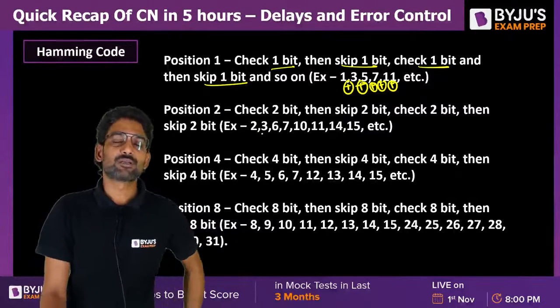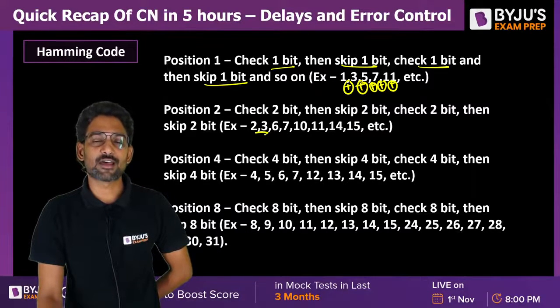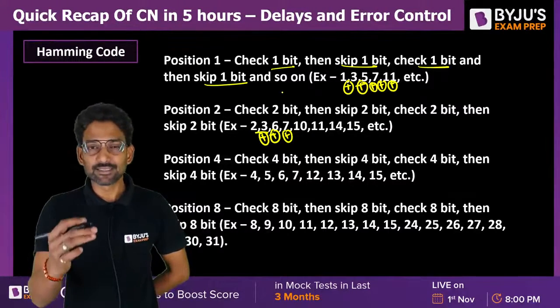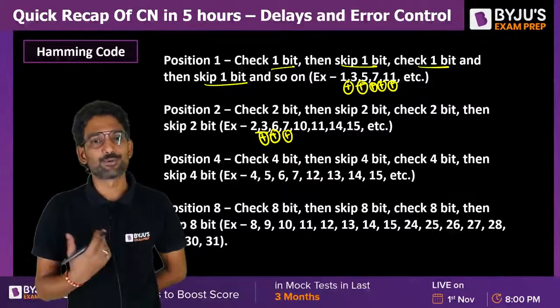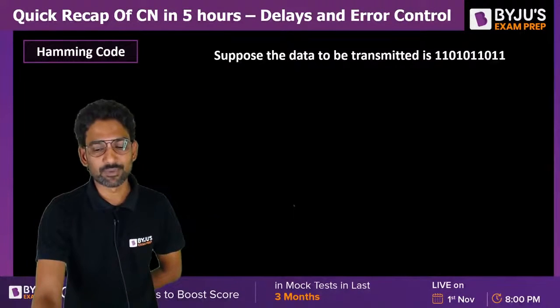Check 2 bits, skip 2 bits, means you take the second position, third position value, sixth position, seventh position value, and so on. Like this, position 4, check 4 bits, skip 4 bits. Position 8, check 8 bits, skip 8 bits. Let's see what it means.